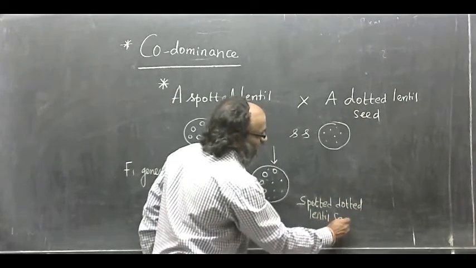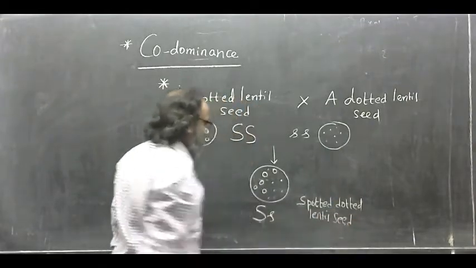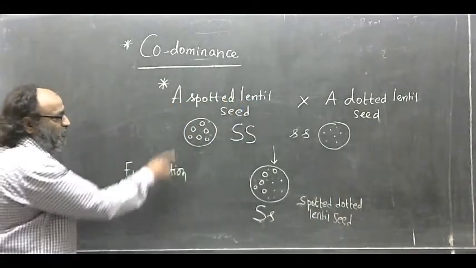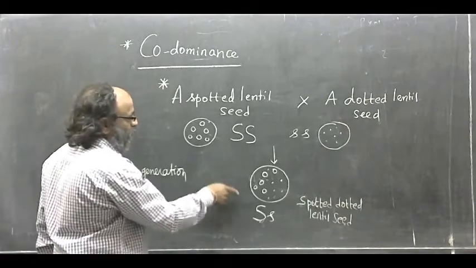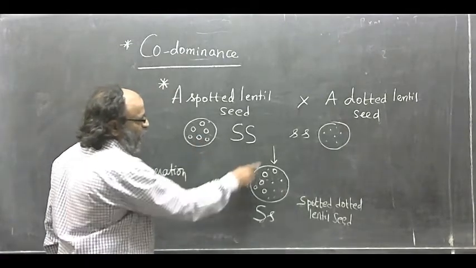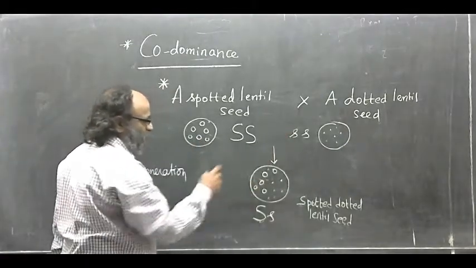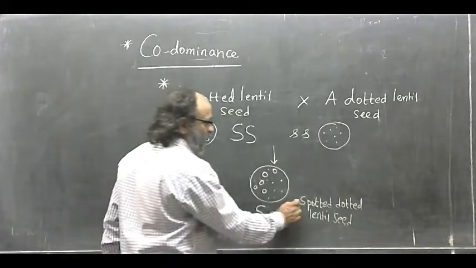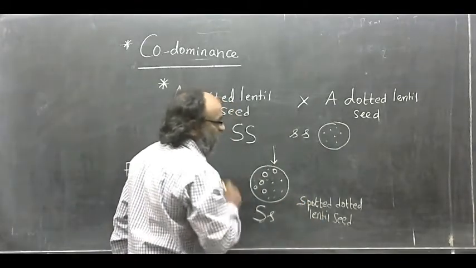This is a spotted, dotted lentil seed. So the F1 offspring showed both spotted feature and dotted feature.